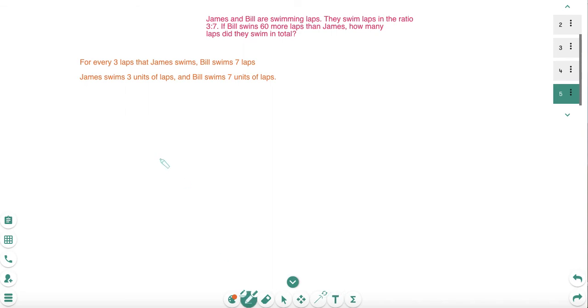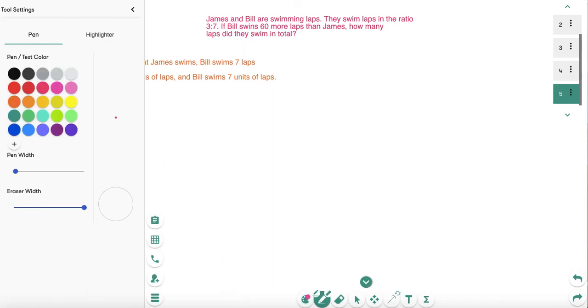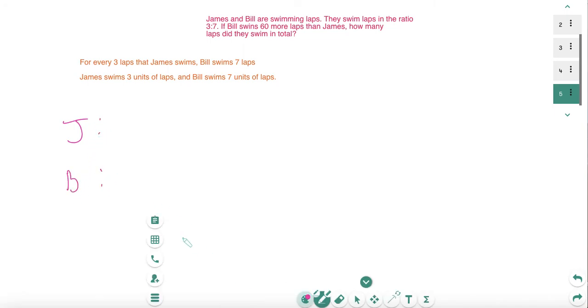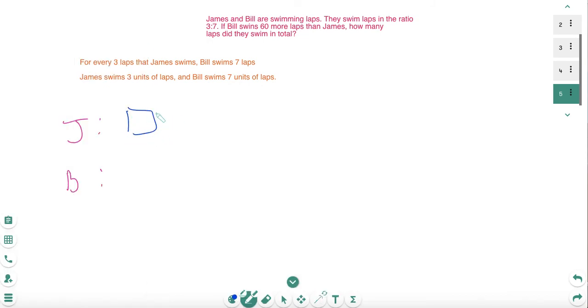So let's draw out our ratio. Whenever you see a ratio problem, guys, the best thing to do if you're stuck is just look at the ratio that's given to you and just draw a picture. So James, Bill. James is 3 units. Bill is 7 units.